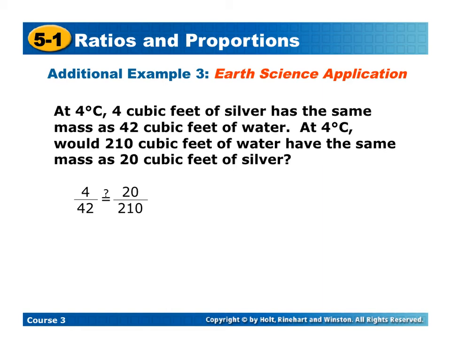Alright, so at 4 degrees Celsius, 4 cubic feet of silver has the same mass as 42 cubic feet of water. So at 4 degrees Celsius, would 210 cubic feet of water have the same mass as 20 cubic feet of silver? So here we can see that there's a proportion set up, and we set up the proportion as cubic feet of silver to cubic feet of water. 4 and 42 are both even, so this would simplify to 2 over 21. 20 over 210 are both divisible by 10.